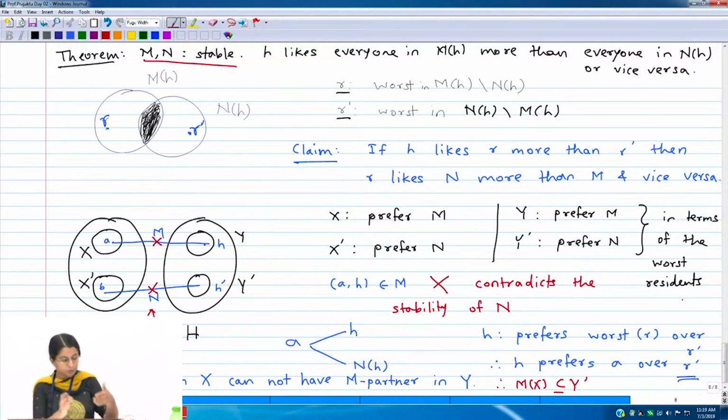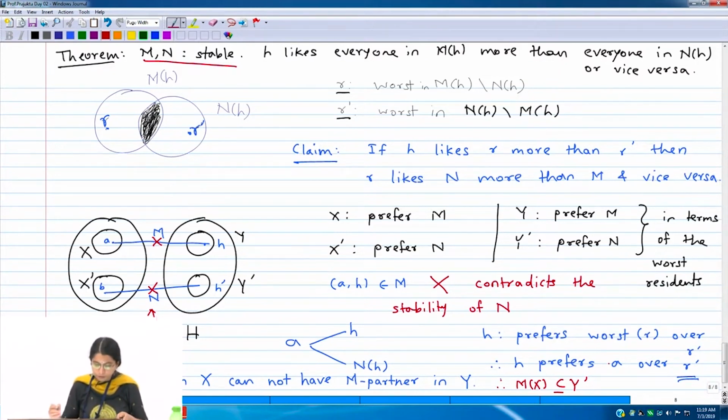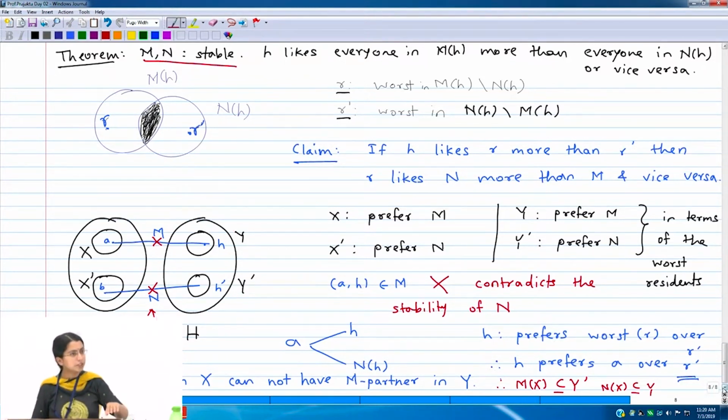If H likes the worst partner in M over the worst in N, then H also likes this B over the worst partner in M. So M of X is a subset of Y prime, and similarly N of X prime is a subset of only Y, because if these people in X prime cannot have their N partners in Y prime, then they should all be present in Y. So any questions so far?